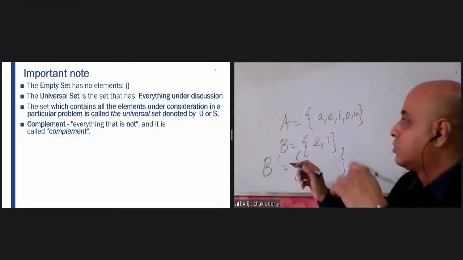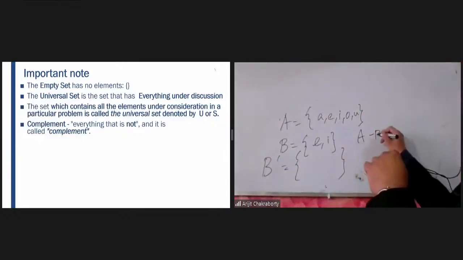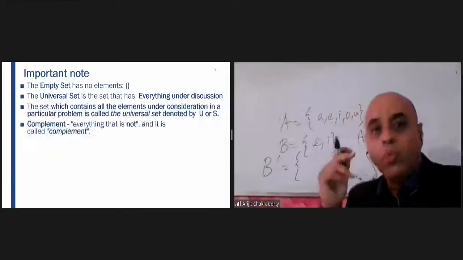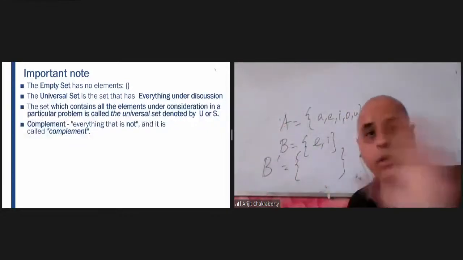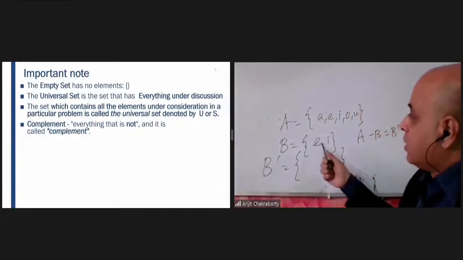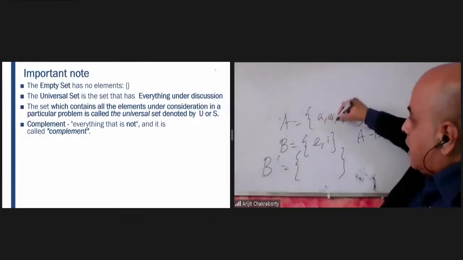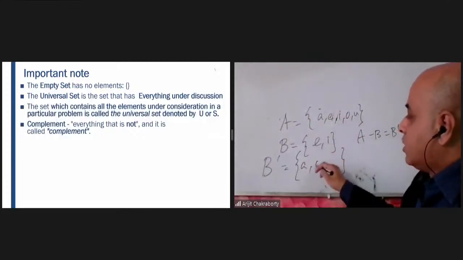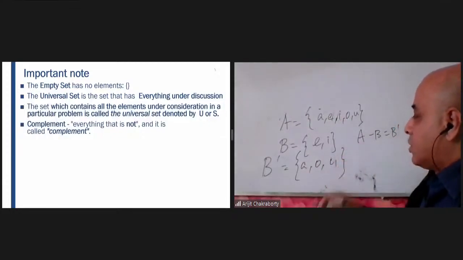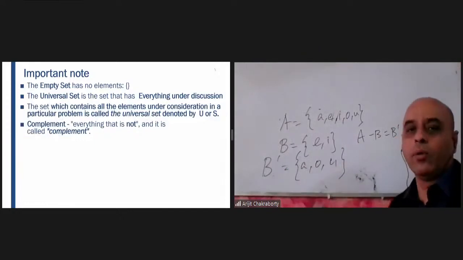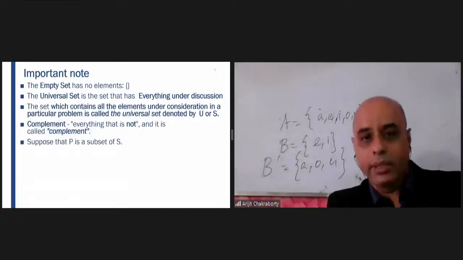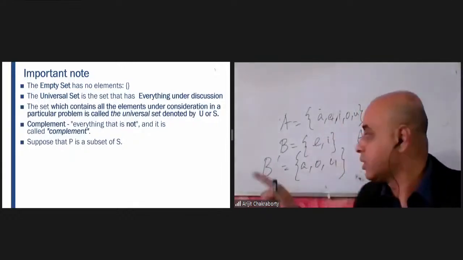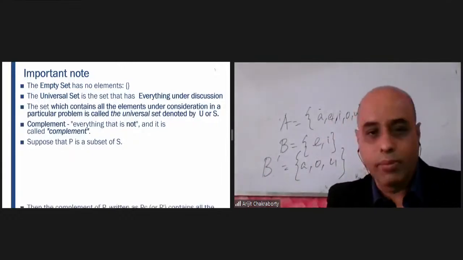B dash is equal to A minus B, that means all those elements which are in A but not in B. E and I are common. A is not in B, so I'm writing A. O is not in B, I'm writing O, and U is not in B. So B dash becomes {A, O, U}. This is called B complement or B dash. We are putting a dash, but it's actually known as B complement.